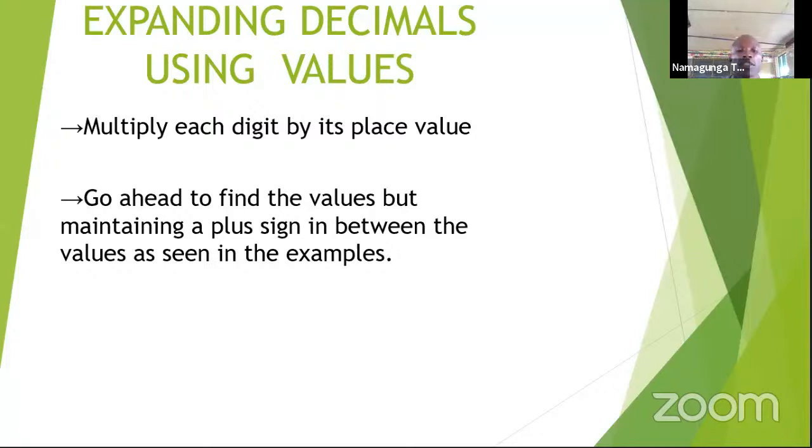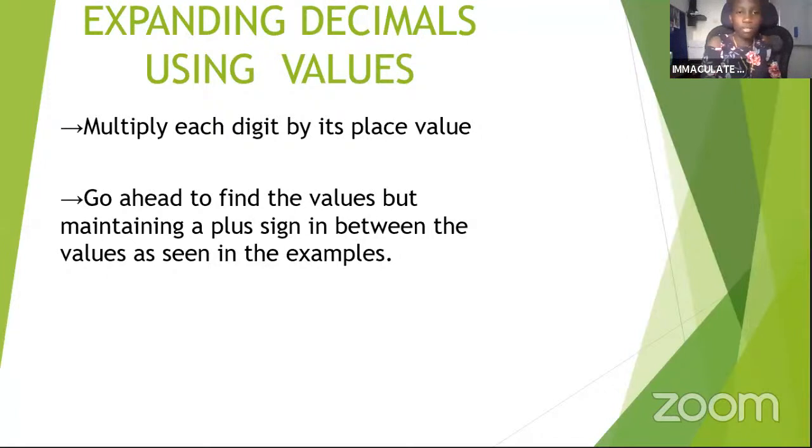After multiplying each digit by its place value, go ahead to find the values, but maintaining a plus sign in between the values as seen in the examples. Thank you very much, Immaculate.